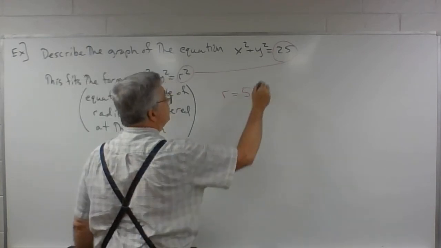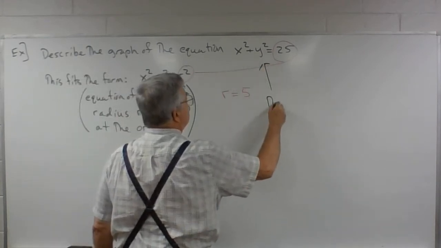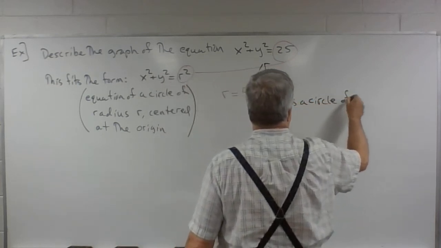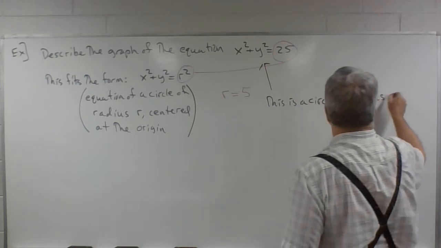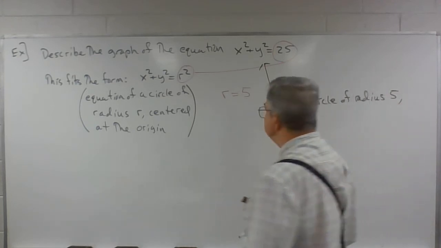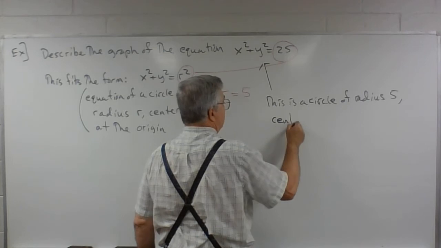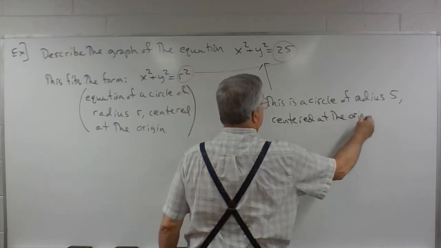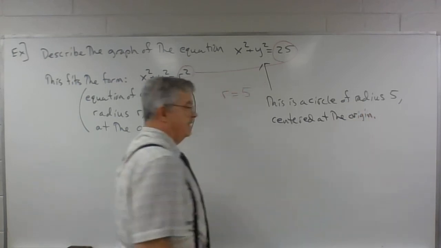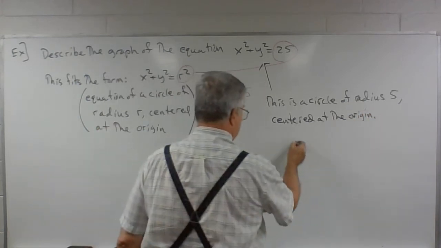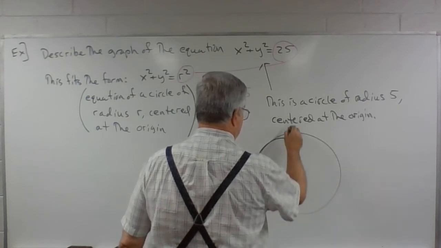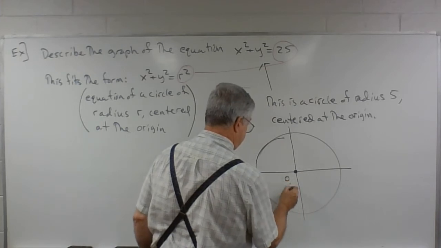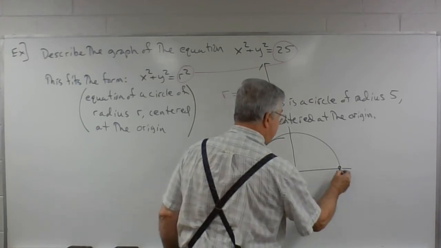So this is a circle of radius 5 centered at the origin. And here's the graph.